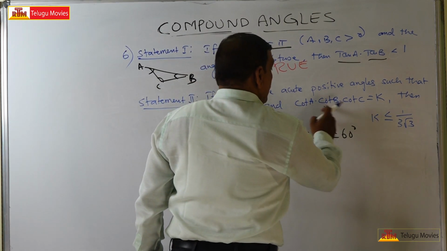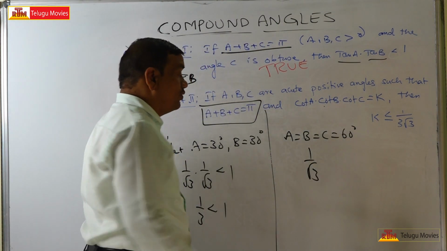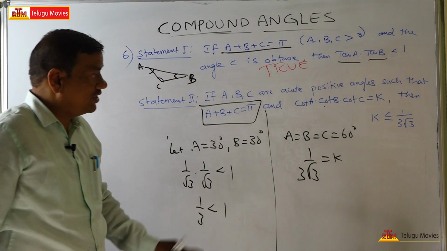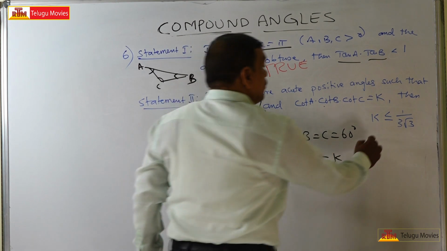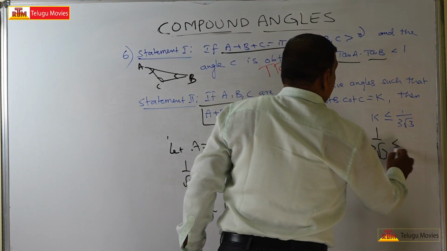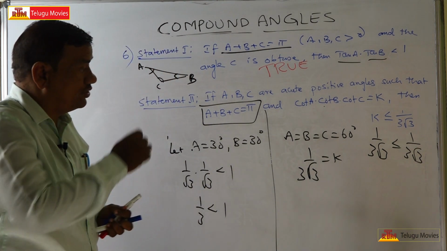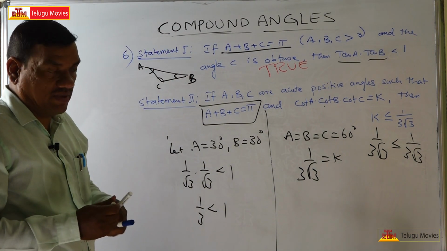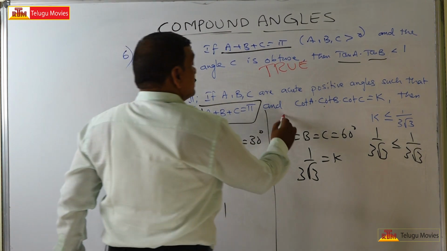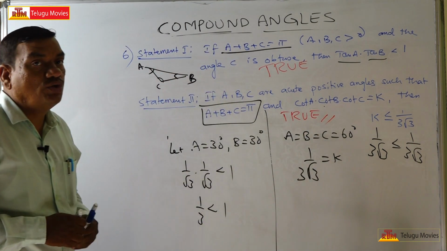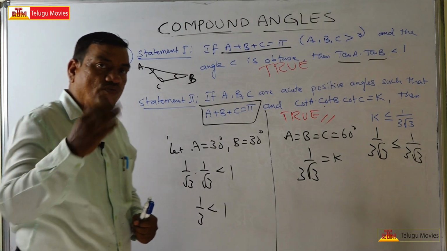So 1 by root 3 into 1 by root 3 into 1 by root 3 means 1 by 3 root 3 is equal to K. You substitute here: 1 by 3 root 3 is less than or equal to 1 by 3 root 3. Is it right or not? That's right. Therefore the second statement is also true. I hope that you understand this solution. So let us go for the next problem.